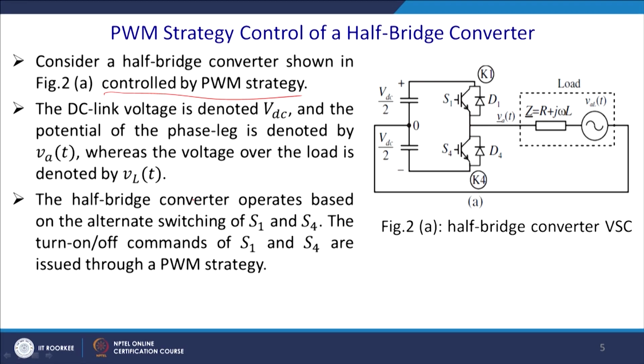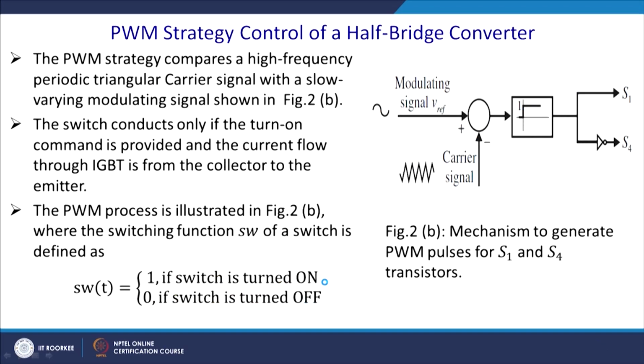So, the half bridge converter operates based on the alternate switching of S1 and S4. The turn on or turn off commands of S1 and S4 are given through the PWM strategy. So, this is S1 and S4.